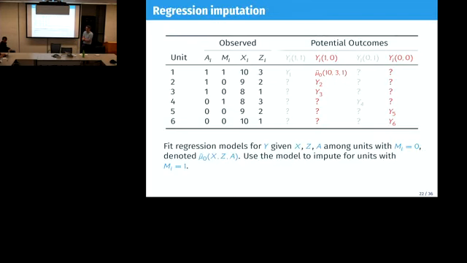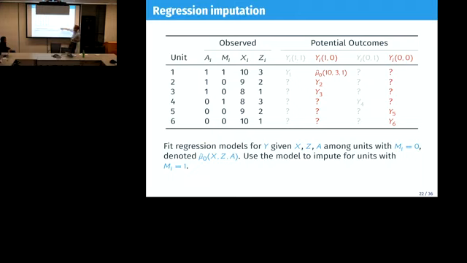I was going to talk briefly about the bias correction that we do. One other way you could think about estimating these kinds of effects is, instead of matching imputation, a regression imputation. Instead of filling in that value with some matched value, you could fill it in by running a regression of Y on X, Z, A, and M among units with M equals 0.